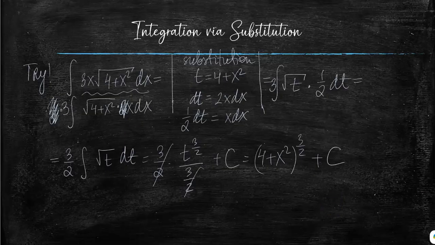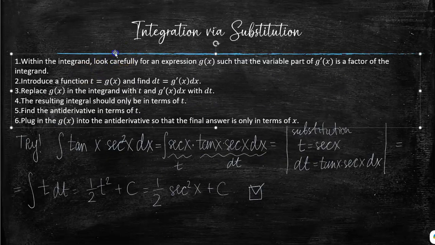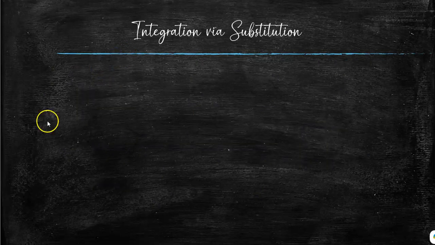Now, I want to make a few remarks now that we have practiced this a few times. In this process, and I'll copy this process here again, so let me bring this over.